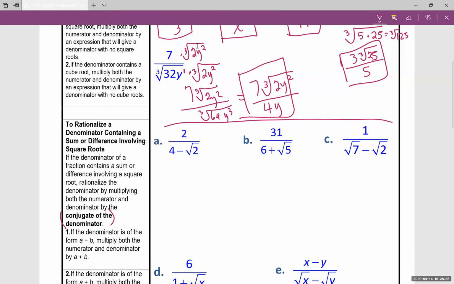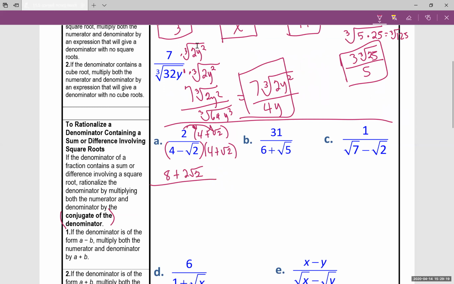Moving on here, to rationalize the denominator containing a sum or difference involving square roots, we're going to multiply by the conjugate. This is 4 minus, so we're going to do 4 plus square root 2, and what we do to the bottom, we have to do to the top. Then we're going to FOIL, but on the top, we're going to distribute. So I have 8 plus 2 square root 2 on the top.